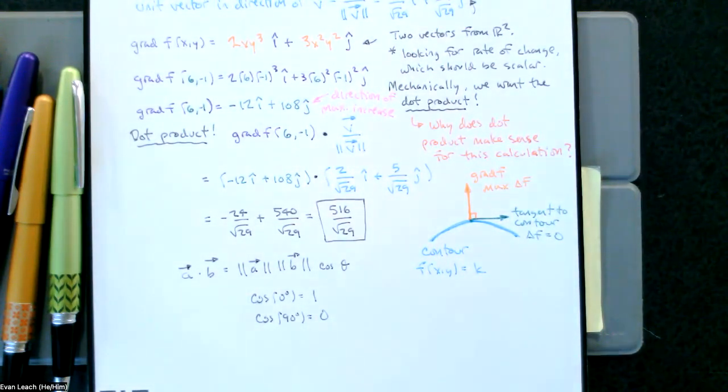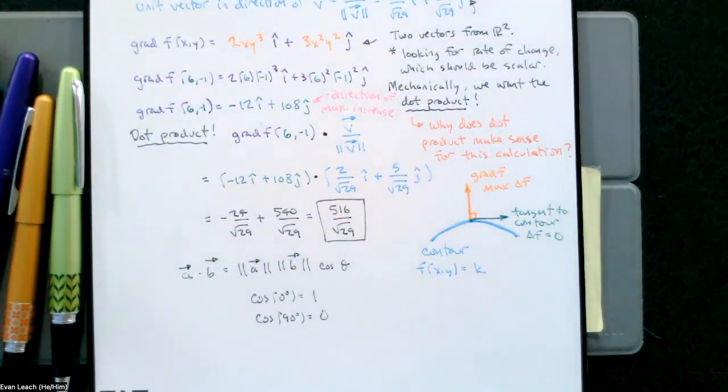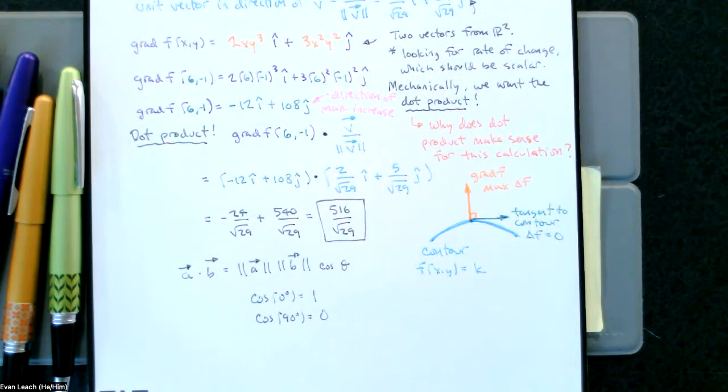So the cosine of theta is contained in the dot product. That's why it didn't show up until I drew the picture and reversed the cosine of 90 and cosine of 0.